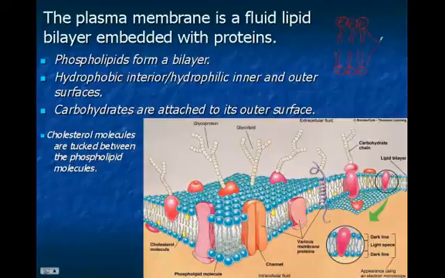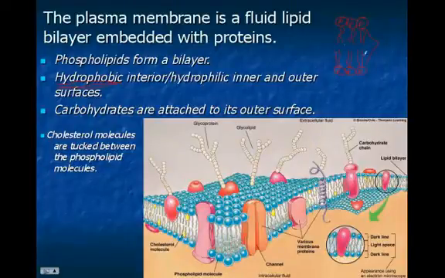So it's really important to keep in mind that here in the center of our cell membrane sandwich, we're going to have what's called a hydrophobic interior. Literally, it means just what it sounds like.